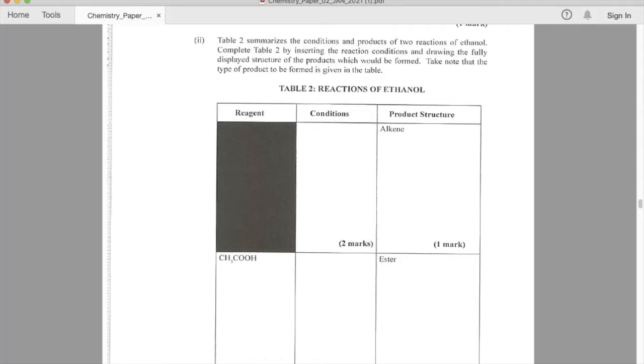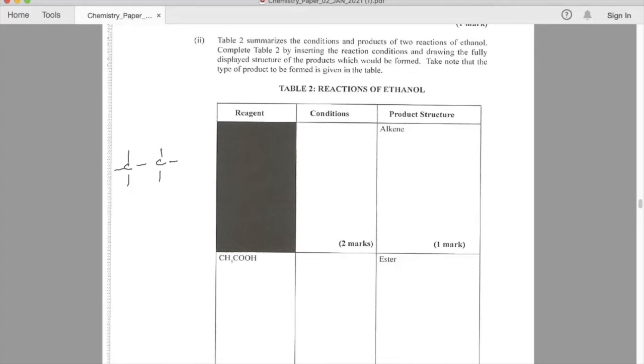So here we're starting with ethanol, of course, and they want us to give the conditions that are required for ethanol to move from ethanol to an alkene. So the type of product is an alkene, and we would have to be specific and draw the actual fully displayed structure of the product that is formed. Now, to really do this, it's good to have an appreciation of what ethanol looks like.